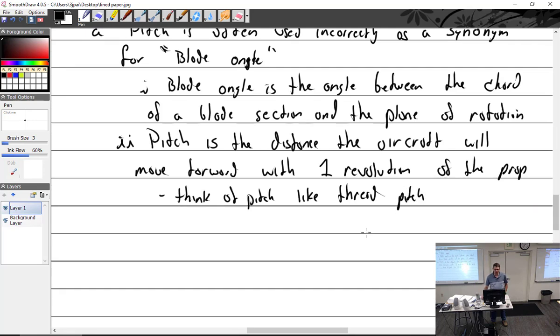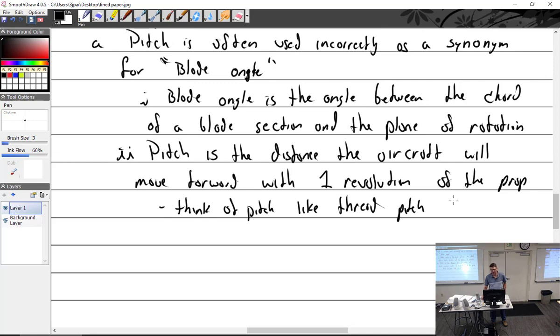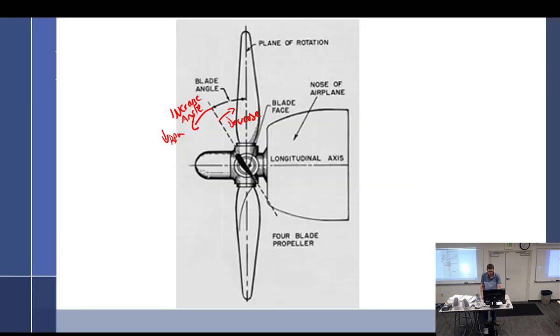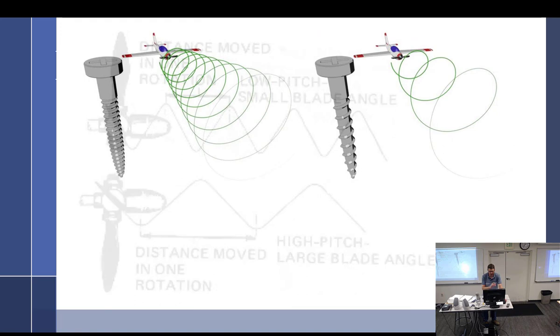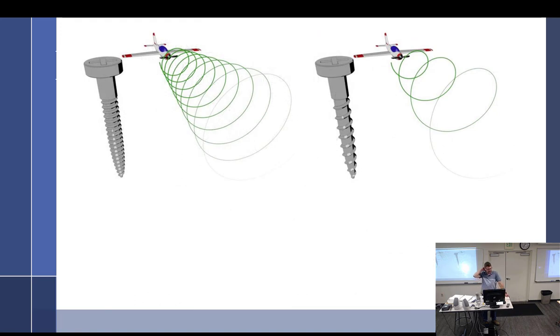And I guess the reason why it's used incorrectly synonymously is because it makes sense. Let's do this real quick. Where's my pitch? There we go. So we looked at this yesterday.